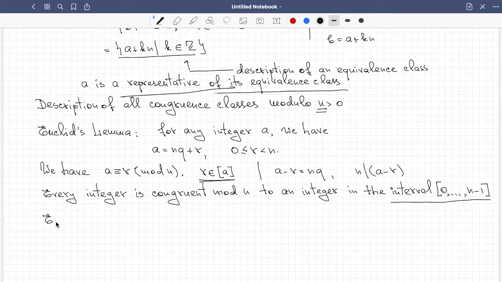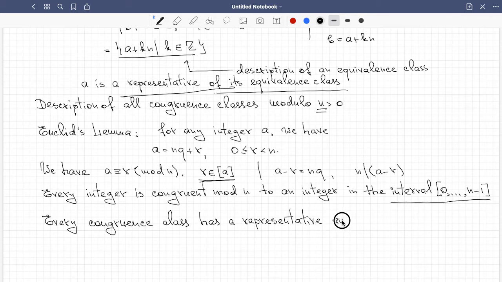So every congruence class has a representative among these n numbers from 0 to n minus 1.